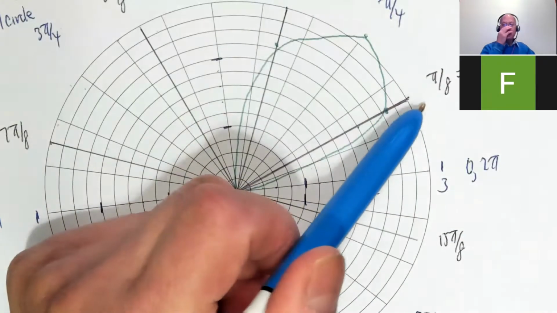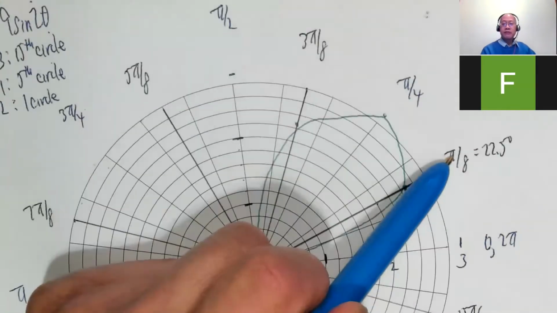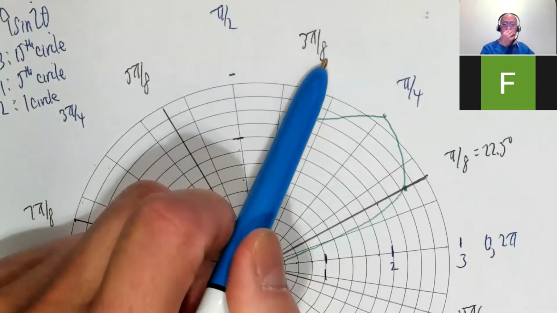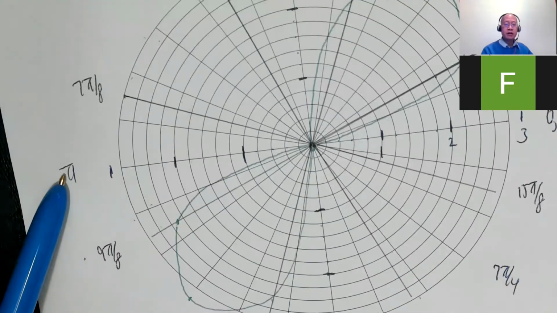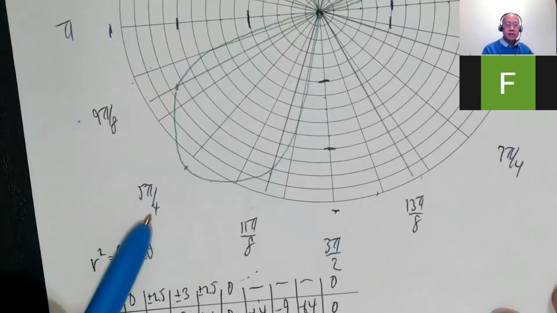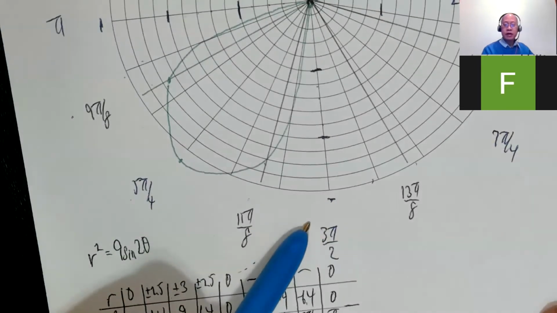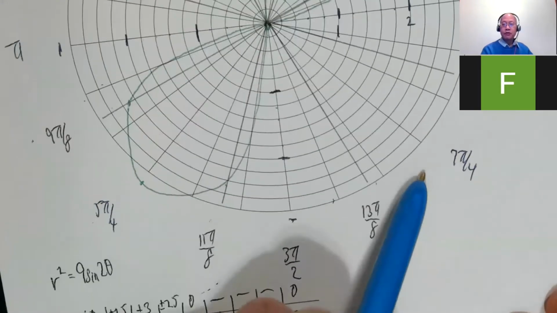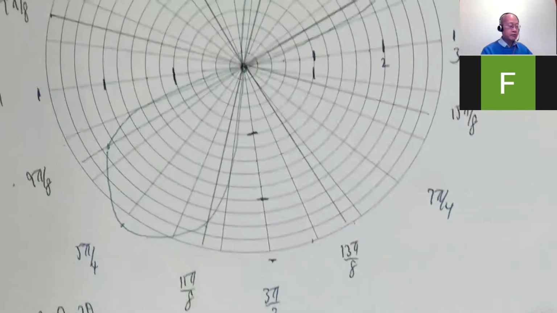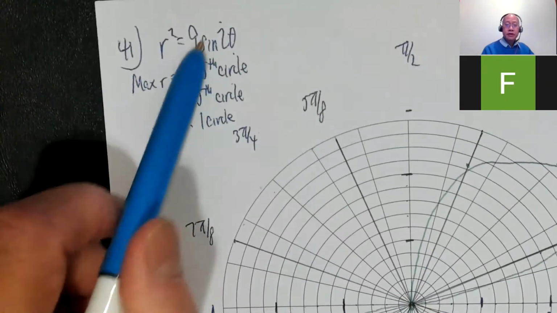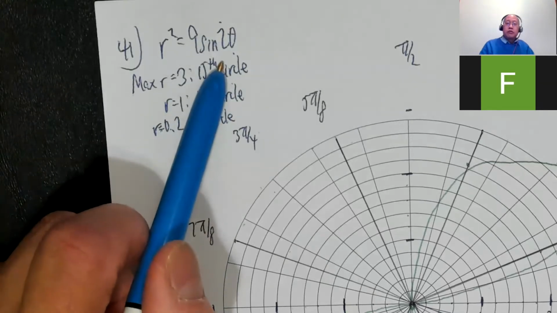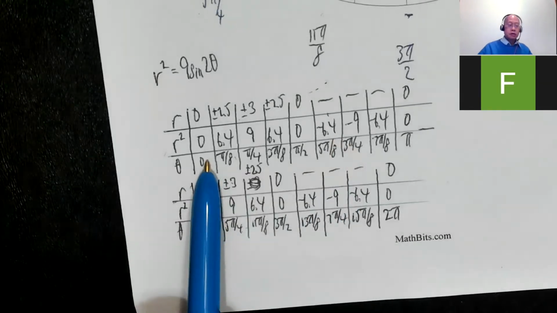Each of these is pi over 8. So pi over 8, 2 pi over 8, 3 pi over 8, 4 pi over 8, 5, 6, 7, 8 pi over 8, 9, 10, 11, 12 pi over 8, 13 pi over 8, 14, 15, and 16 pi over 8. The period of this trig function is now 2 pi divided by 2, which is pi, so I get one complete period after pi.